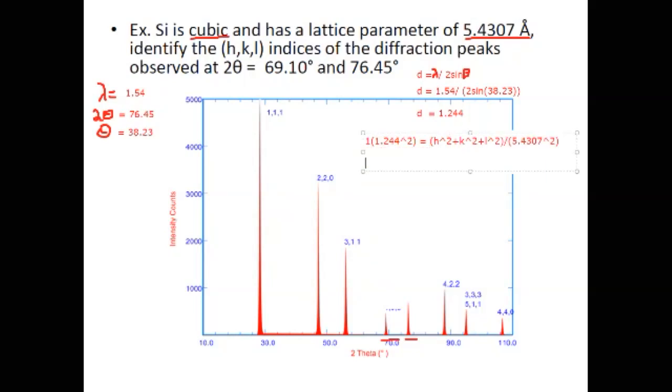So let's work this out. 1.244 squared is 0.646, equals 29.